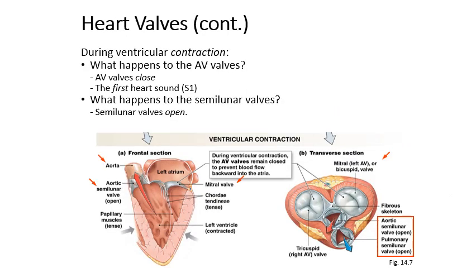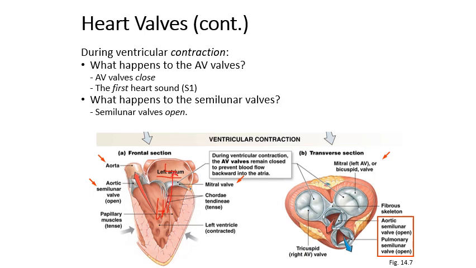So what happens with the AV valves? When ventricles contract, there's pressure increasing in the ventricles, and as the ventricles are contracting, the atriums are relaxing. So low pressure here, high pressure here, blood's going to try to flow back into the atrium, and we don't want that to take place.